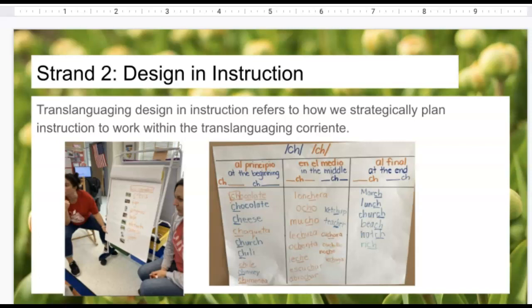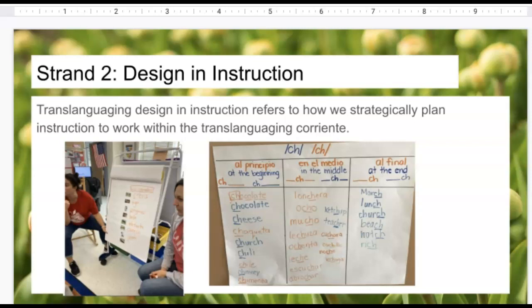And the second picture on the right is an example of a level 2 bridge, which is students in this example had already learned in literacy beginning, middle, and end in a story. They also had learned multiple types of vocabulary for different content that we had covered, and we were learning the letter CH in Spanish and in English.